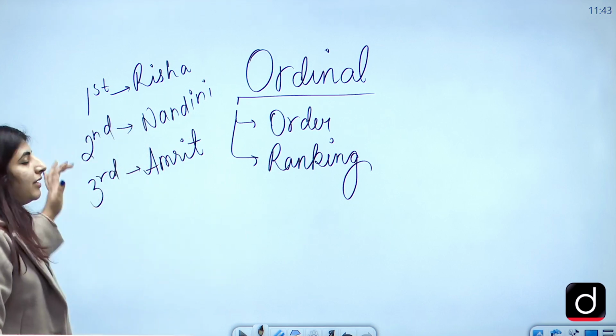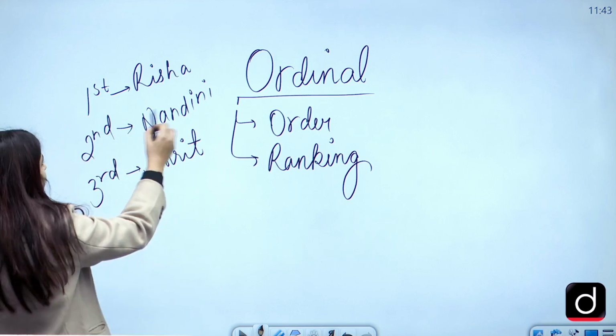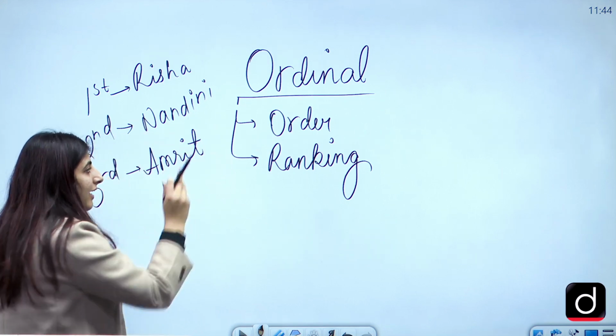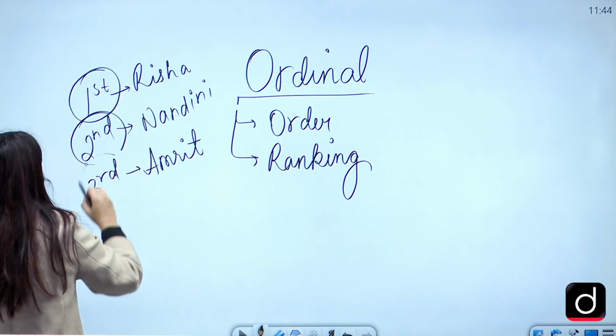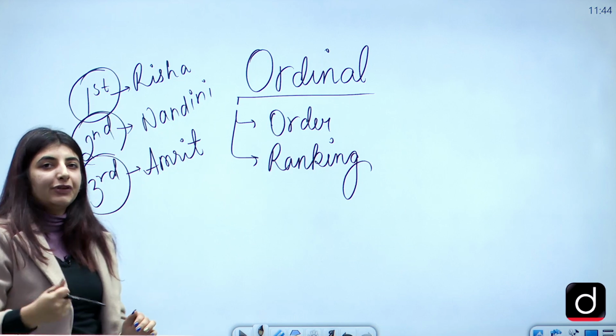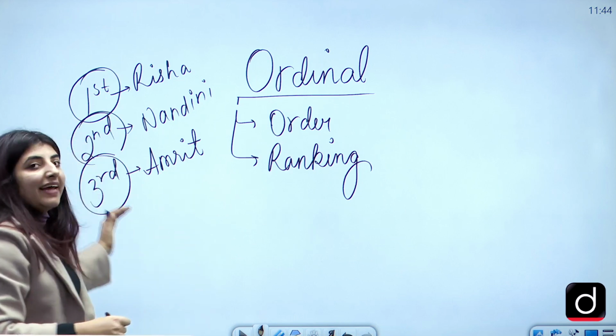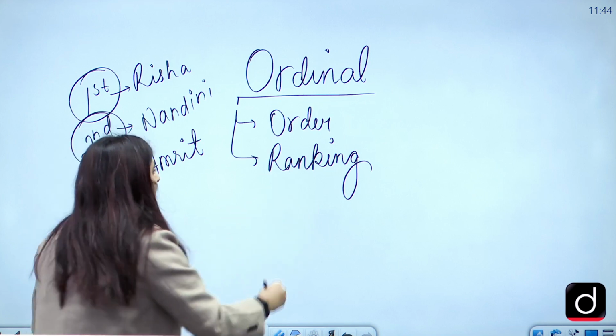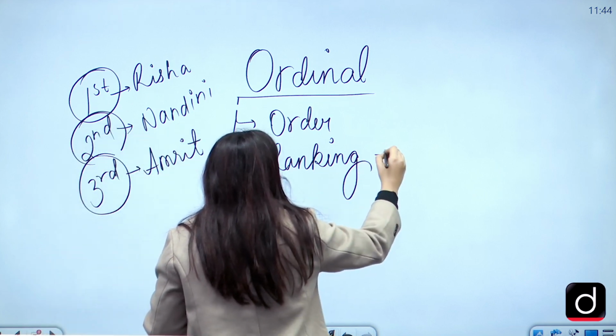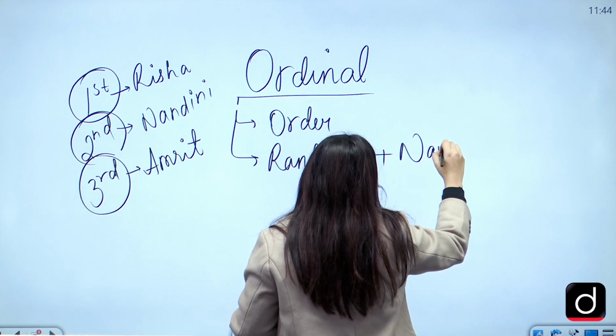I'm placing them in an order, correct? Hence, the characteristic of ordinal is here, that is order is here, and I'm naming them as well. And I named them what? First, second and third. So you see here the ranking is being done and we have the naming as well. So ranking plus naming will be here.